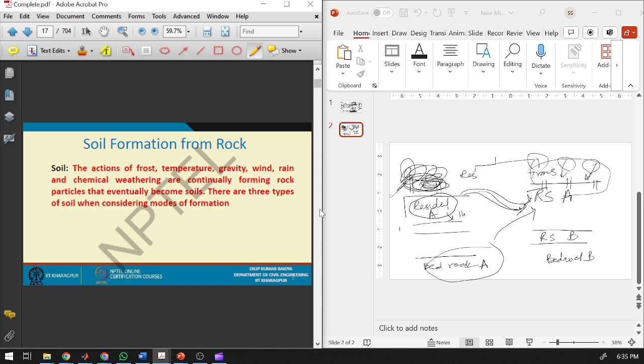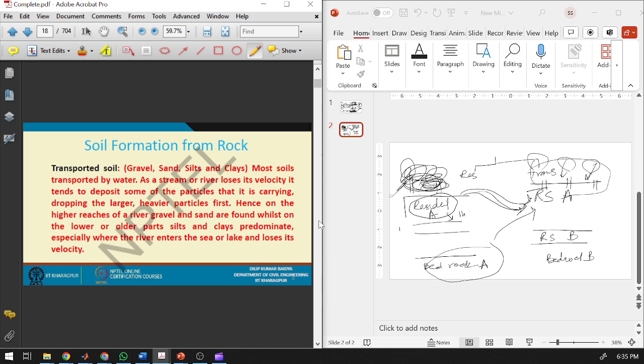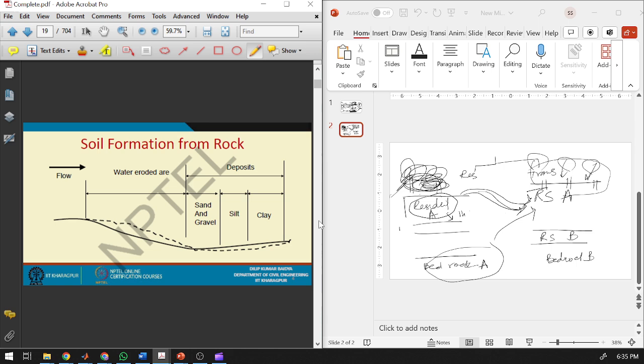Soil formation from rock is due to the action of various environmental agents like frost, temperature, gravity, wind, rain, chemical weathering. And we have a transported soil that we mentioned here. For example, there is a flow of water, erosion takes place on the bedrock, and this gets deposited.